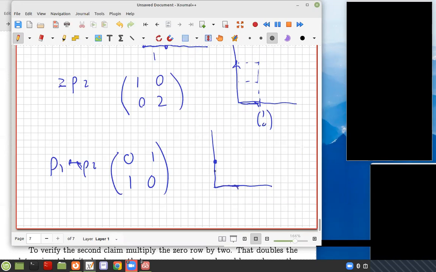So what's happening is we're going the opposite way. So basically, this would be the same area, but with the axes interchanged, like the x-axis and the y-axis.